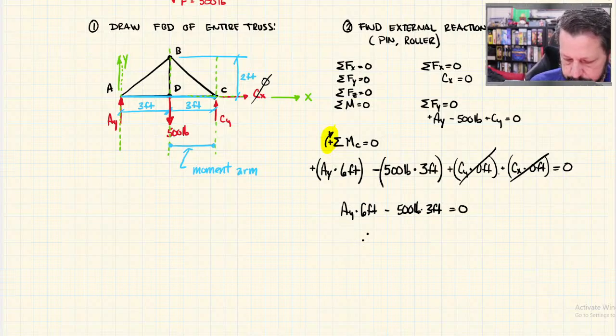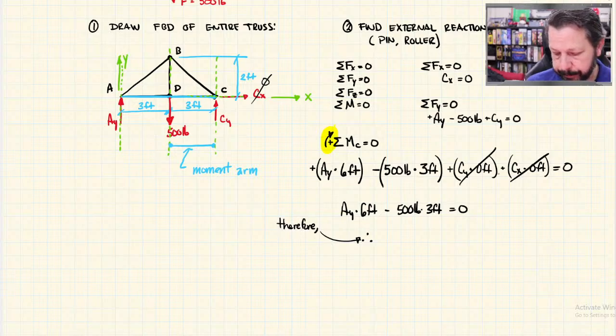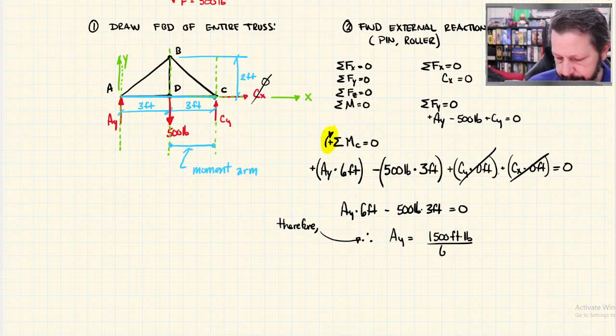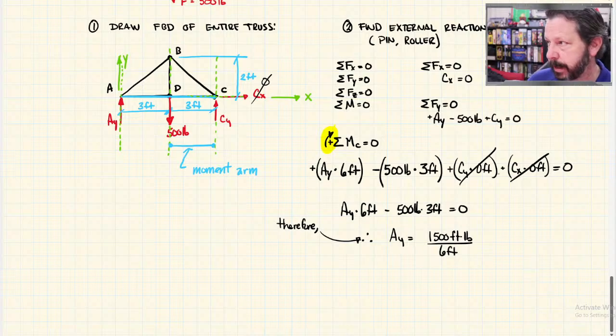Therefore, that little 3 dots in a triangular form, that means the word therefore. So therefore, AY equals 500 times 3 is 1,500 foot-pounds divided by 6 feet, right? Because you have to divide the 6 out on both sides.